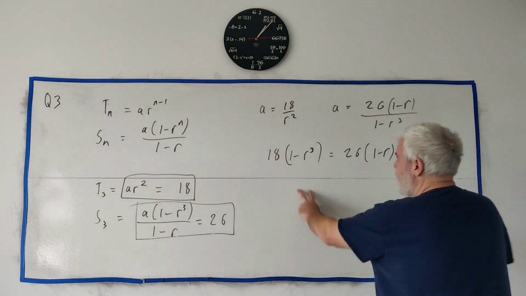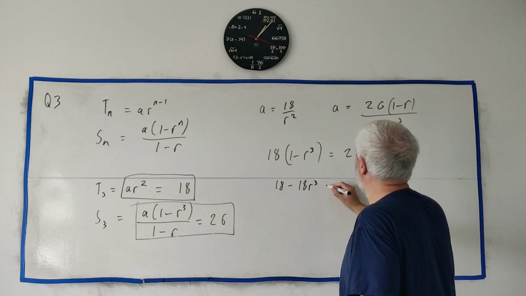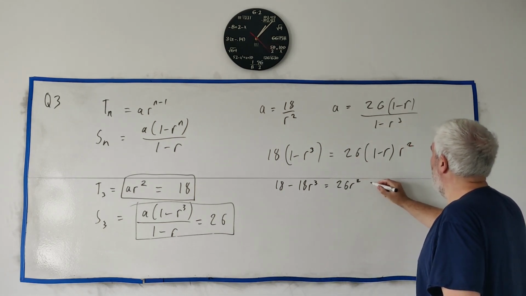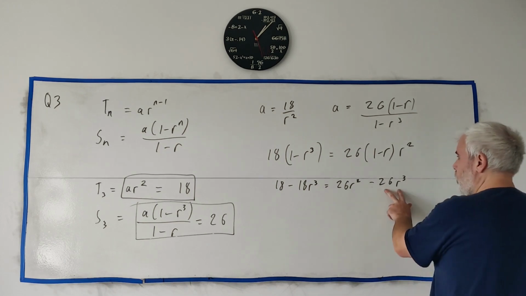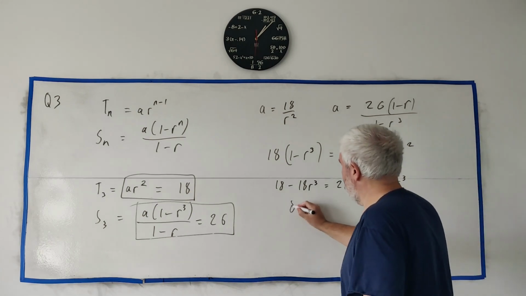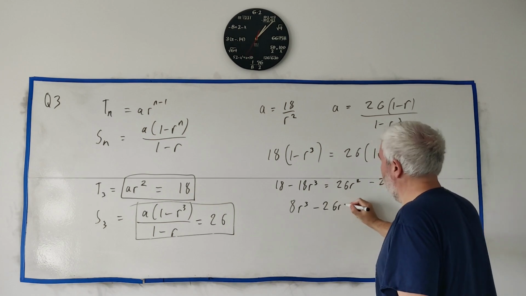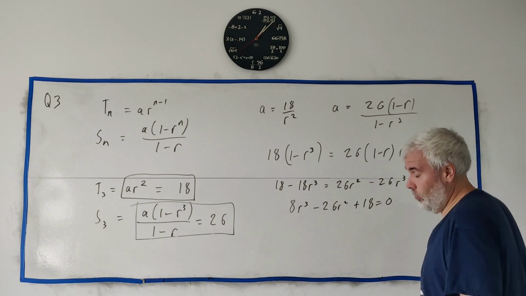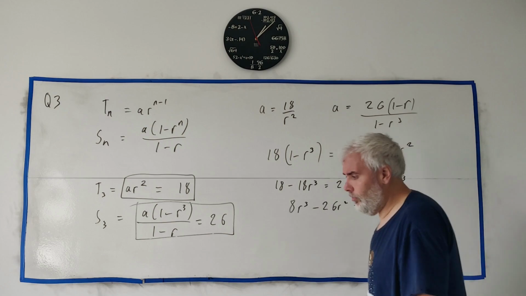We can multiply all this out, we'll get 18 minus 18r cubed is equal to 26r squared minus 26r cubed. The r cubes go together, everything over to the left, let's say. We'll get 8r cubed minus 26r squared plus 18 equals 0. This is all correct so far, and you can solve from here.